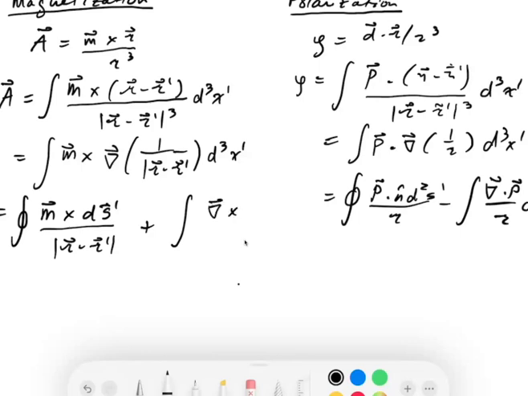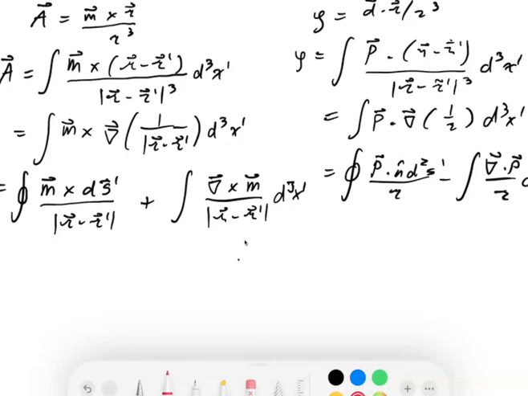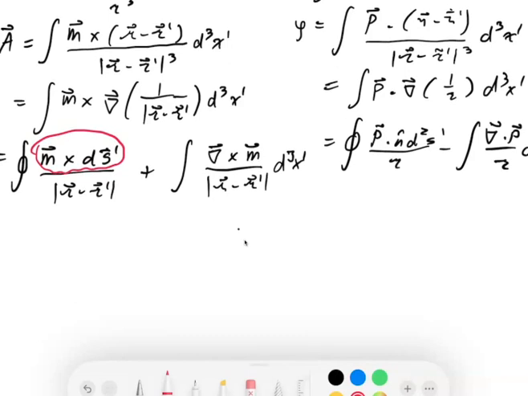We have this thing over r prime d3x prime. And now this thing is the surface magnetization current.